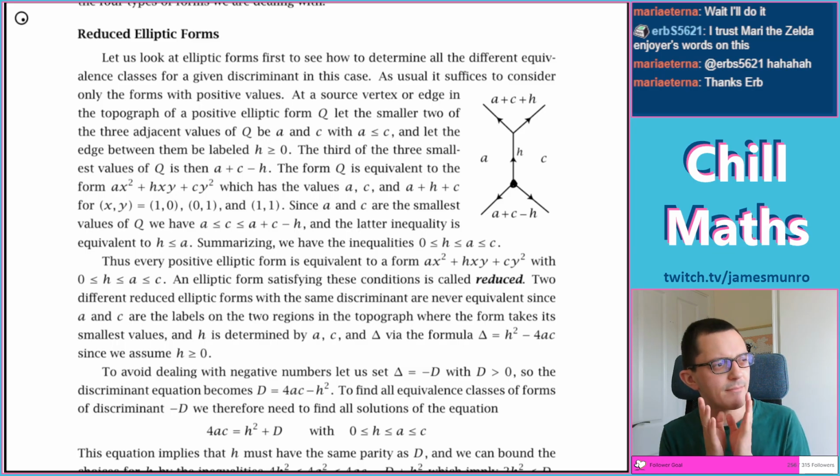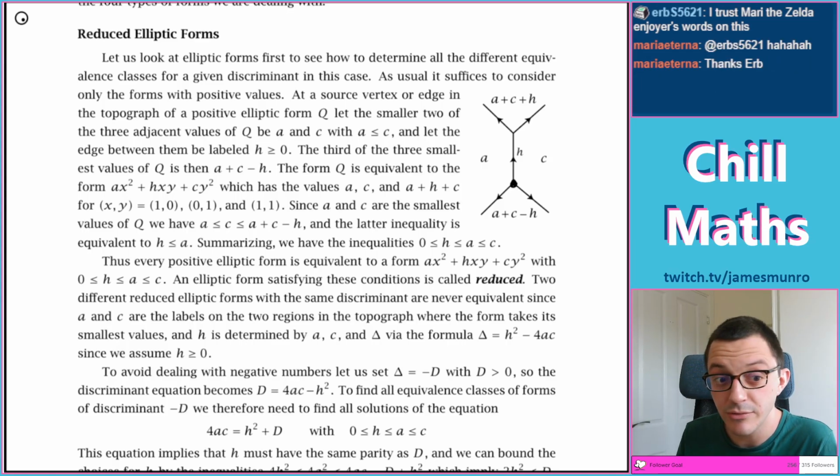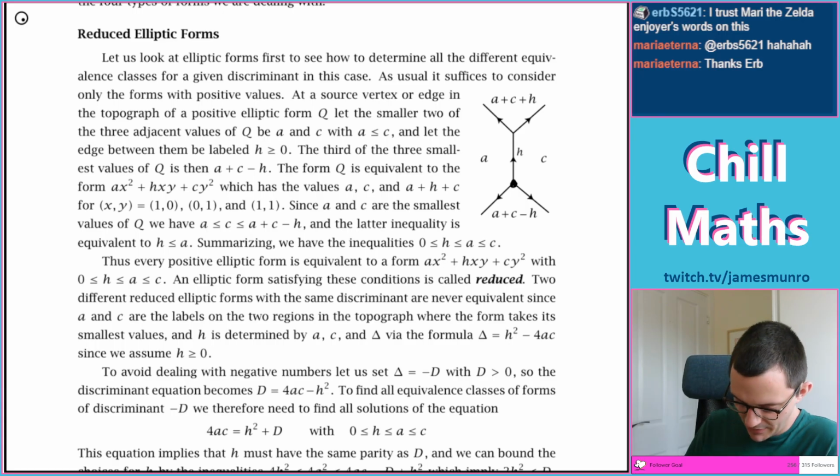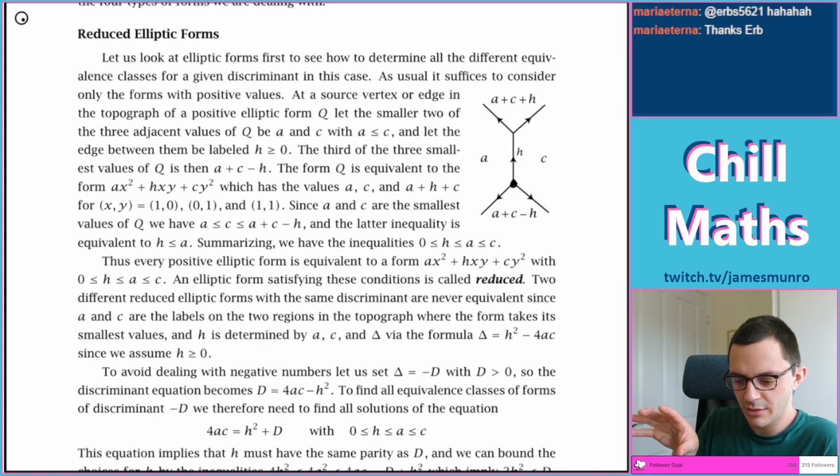No. What does this diagram mean? Oh dear, we've gone quite basic. I think the fractions. I remember there were some fractions or pairs of numbers that you could put into a quadratic form because it takes x and y when you put those numbers in, and they're labeling regions. I remember.